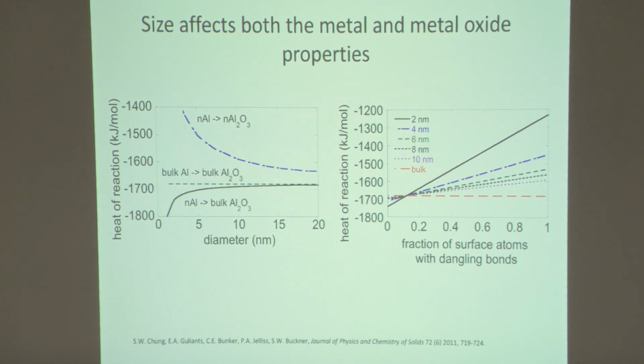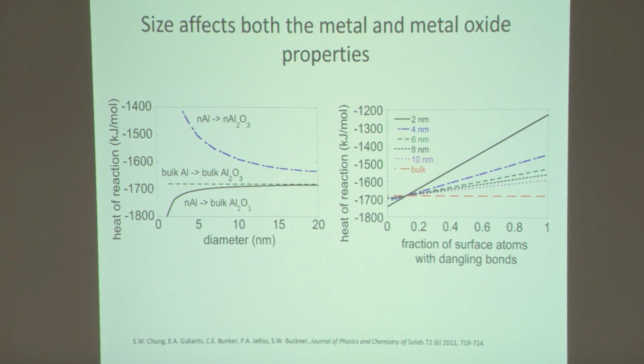And notice that if it forms the nano-aluminum oxide, as the particle diameter got small, the overall heat of reaction is less. Because the problem is in the aluminum oxide, I still have a lot of surface atoms that have all these dangling bonds. So I haven't captured all the energy release.